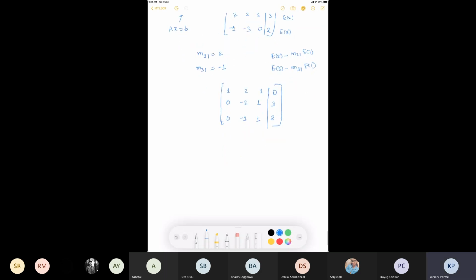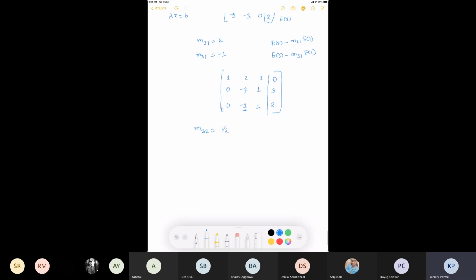Now we are going to eliminate the x2 variable. That is, I'm going to eliminate this variable here. I'm going to make this 0. For that, I define M32 as this coefficient divided by -2, so this will be 1/2. If I call these E1, E2, E3 again, I'm now going to perform E3 minus M32 times E2.